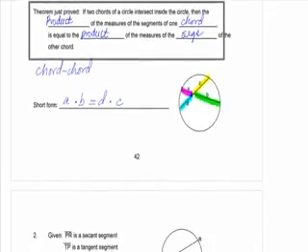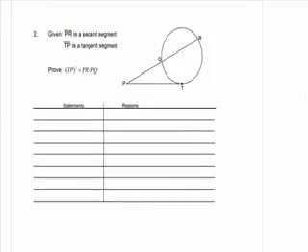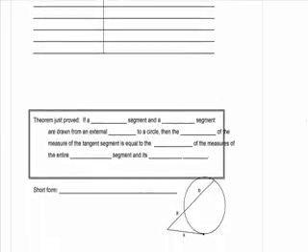The next one can also be proved using similar triangles if you were to draw in these segments. We're not going to do the proof, but this is called the tangent-secant power theorem.